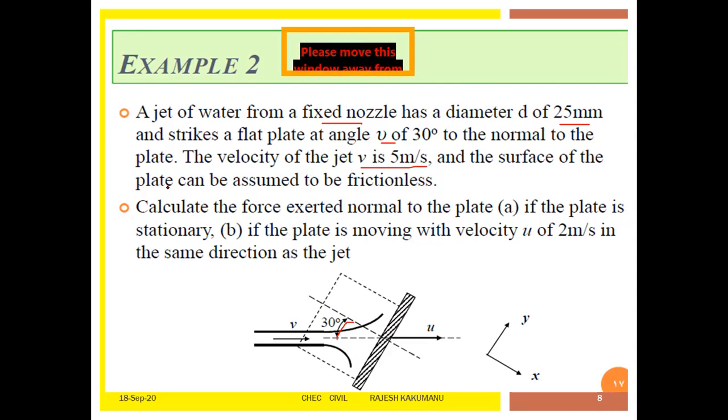Then what do you have to calculate? Calculate the force exerted normal to the plate, if the plate is stationary and if the plate is moving with a velocity of 2 meters per second in the direction of the jet. So what is the jet velocity here? The jet velocity is 5 meters per second, right? In this direction the plate velocity is 2 meters per second.